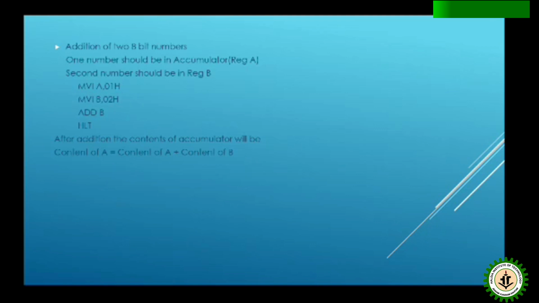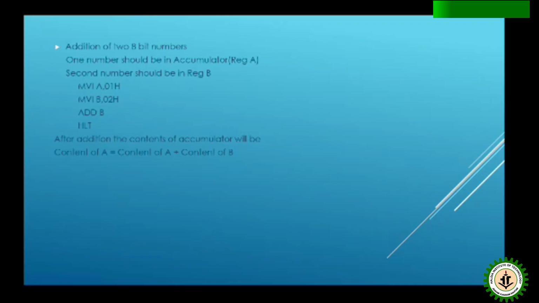I want to add these two numbers and store the final result into accumulator. So I will write MVI A 01H, then MVI B 02H, then ADD B will add 01H and 02H and store the result into accumulator, and then HLT, halt, means end of program.